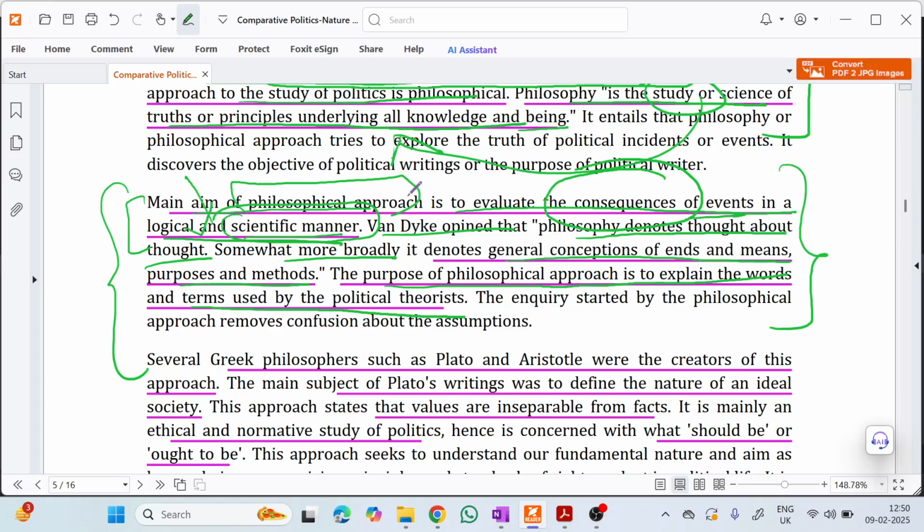So what was the reason for the philosophers of that time to evaluate the consequences? Because first, we are talking about traditional political philosophers.